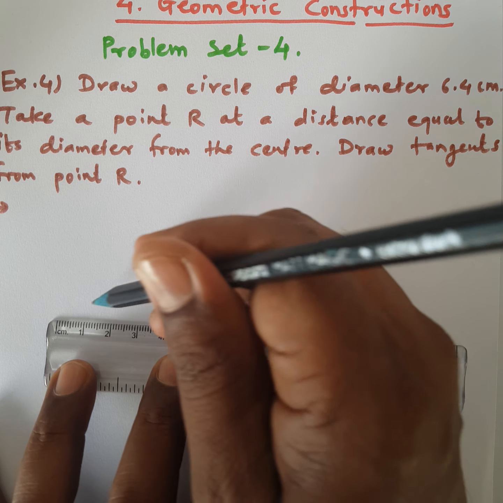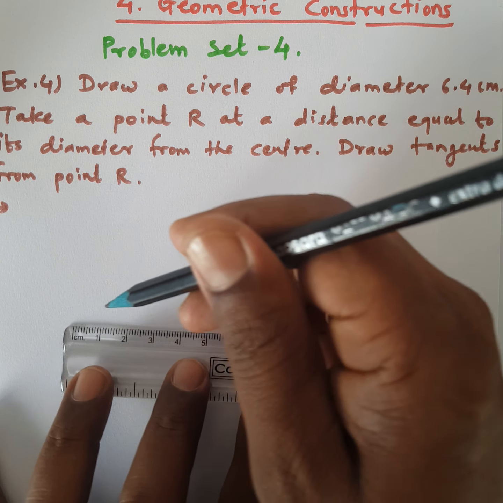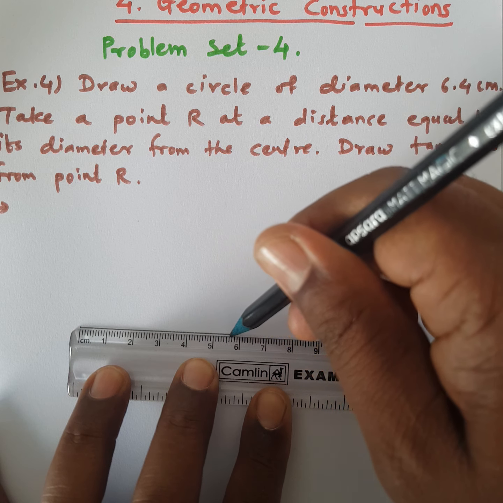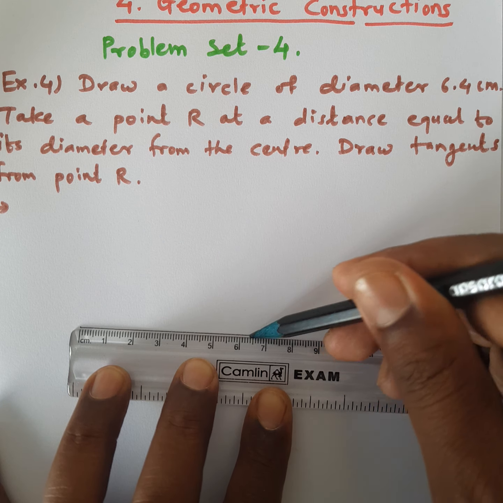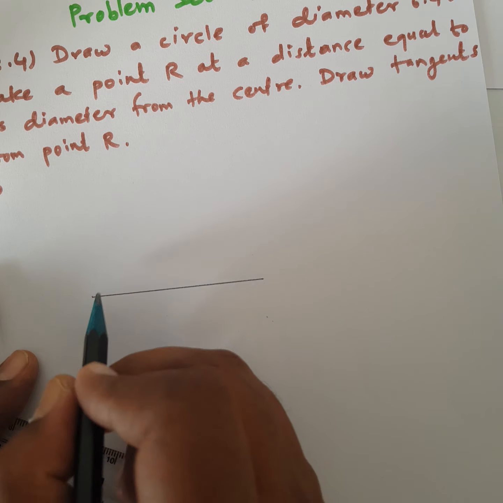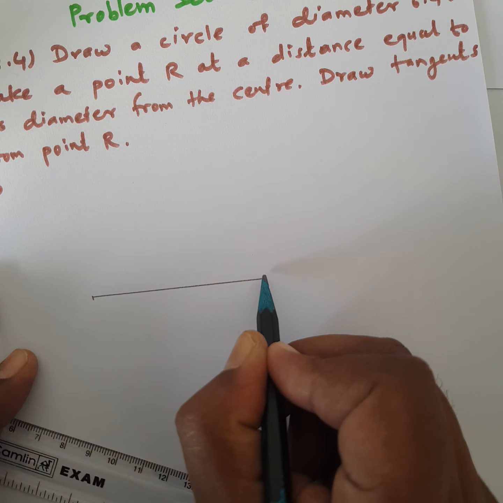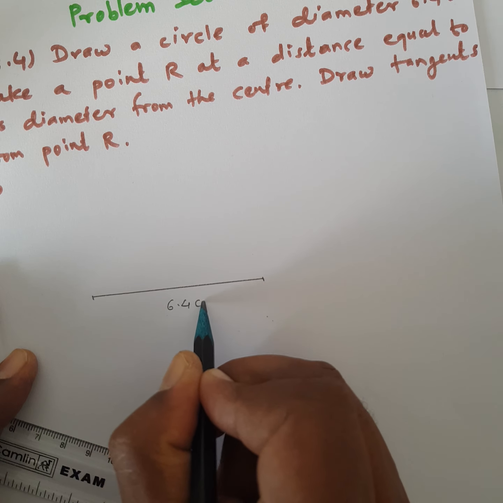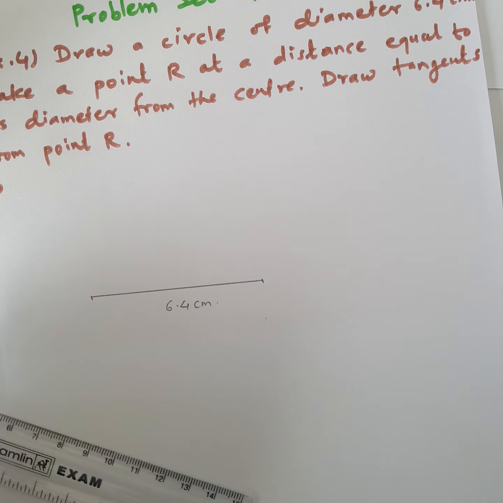There is no need to take the distance in the compass, but since we have been given the diameter, we will draw the diameter here, 6.4 centimeter.